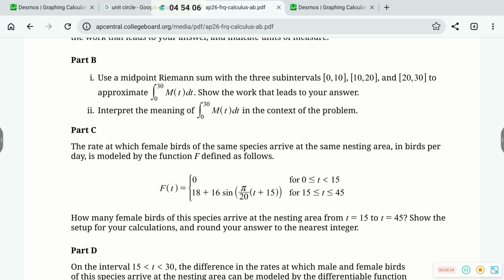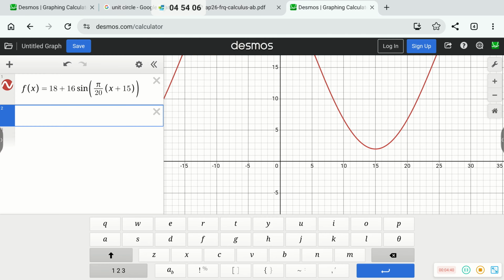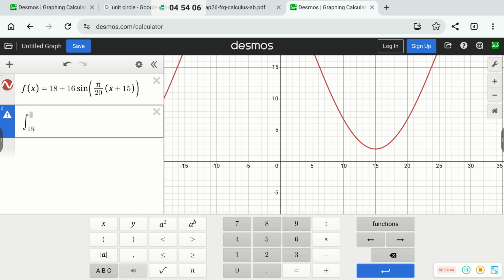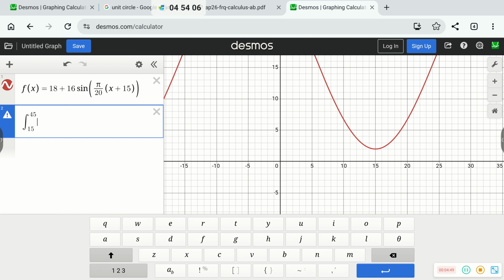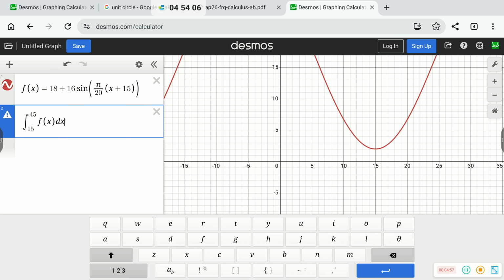How many female birds arrive? That's just accumulation. So the integral from 15 to 45 of f dx. Obviously, to take the AP exam, we better know how to use Desmos, especially the derivative and integral functions.